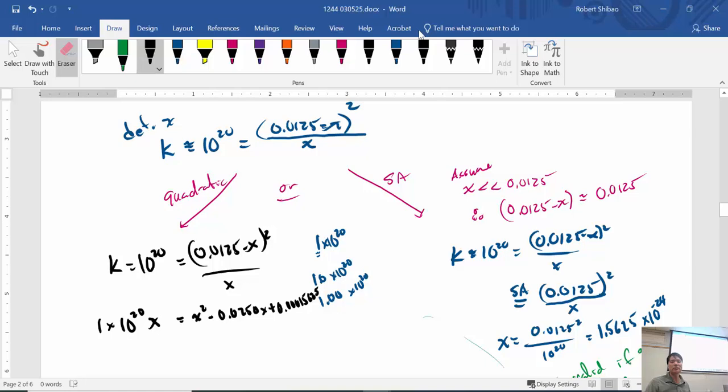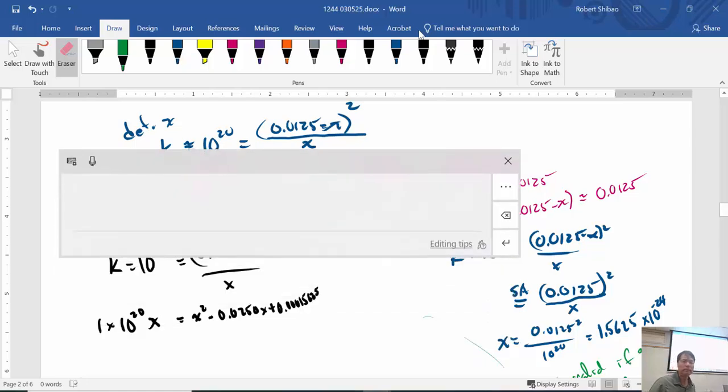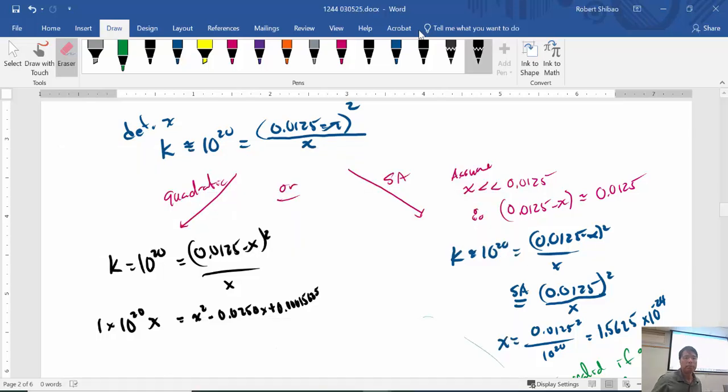Let me erase these. This was talking about sig figs here. All right, so what I'm going to do is I'm going to subtract 1 times 10 to the 20th x from both sides.